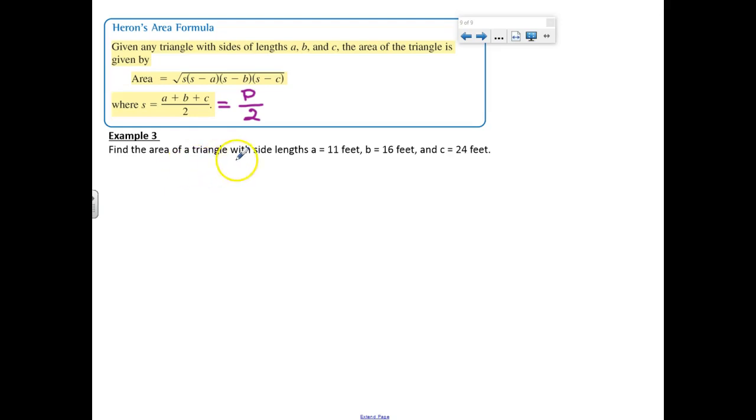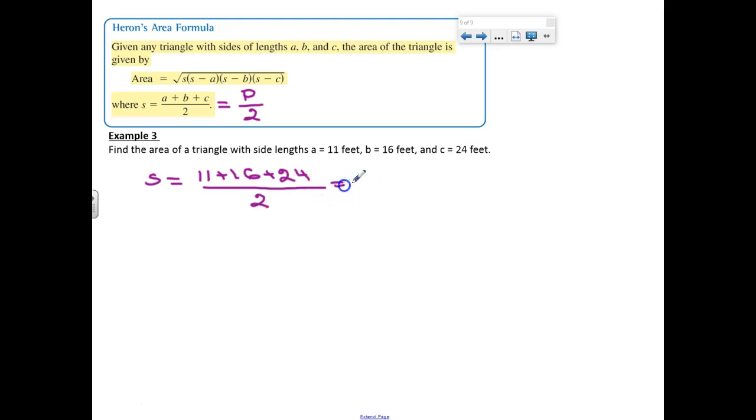We are to find the area of a triangle with side lengths 11 feet, 16 feet, and 24 feet. Our step number 1 is to calculate how much is half of the perimeter. S is equal to 11 plus 16 plus 24 divided by 2.